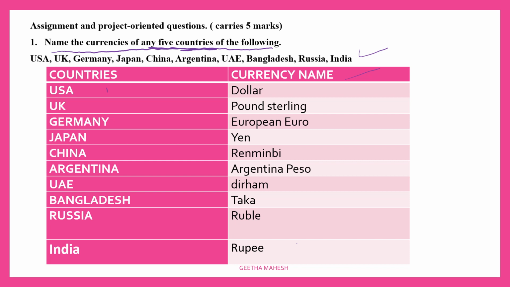So the currency of USA is dollar, UK pound sterling, Germany European euro, Japan yen, China renminbi, Argentina peso, UAE dirham, Bangladesh taka, Russia ruble, India rupees.